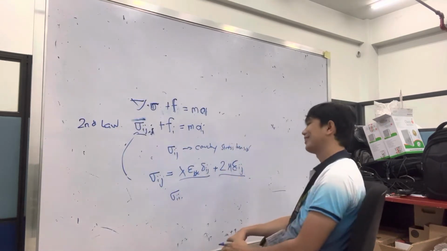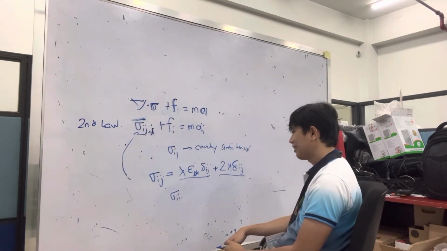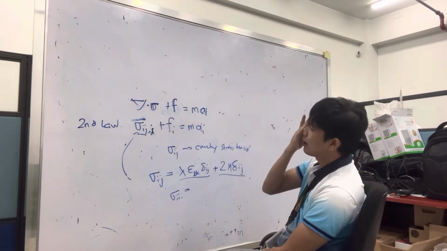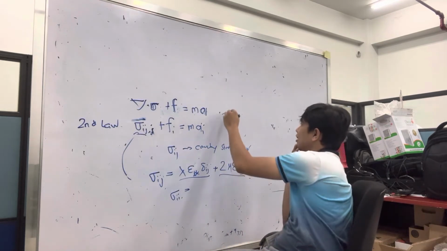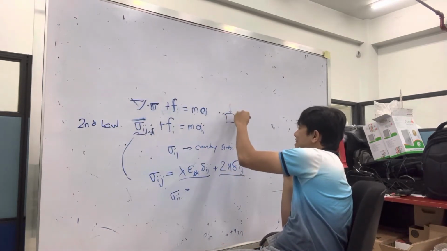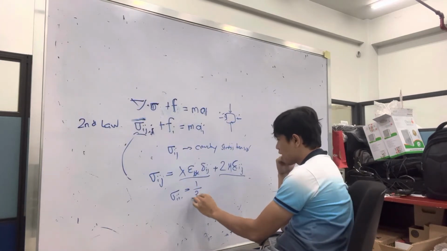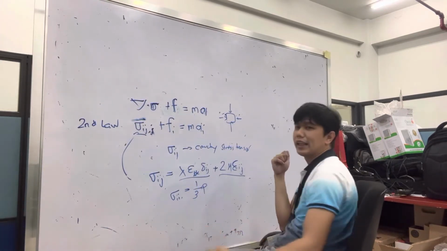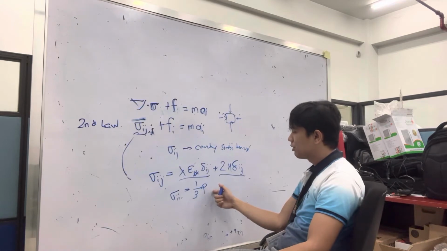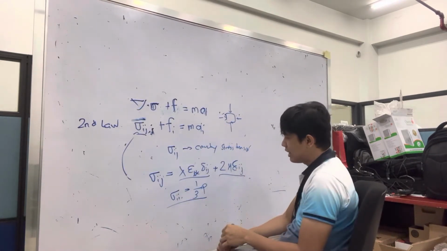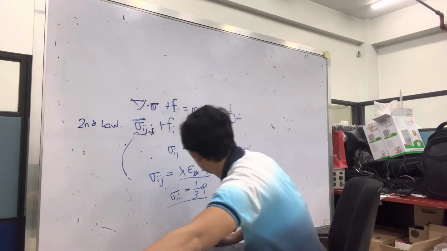Yung mga principal, mga volumetric na stress, this one is simply 1/3 ng tinatawag na mechanical pressure. So yun yung main assumption dito. Tapos this one here is linear in nature.